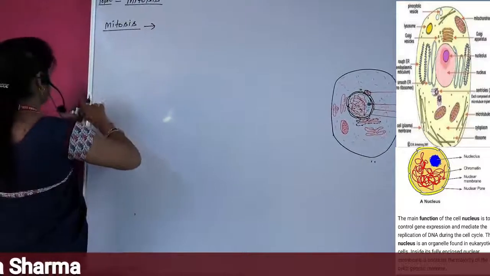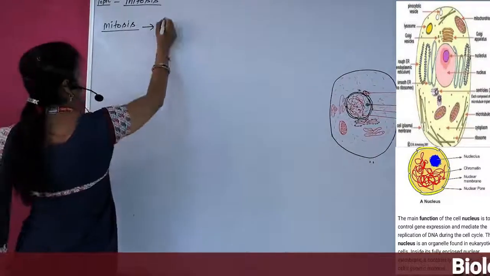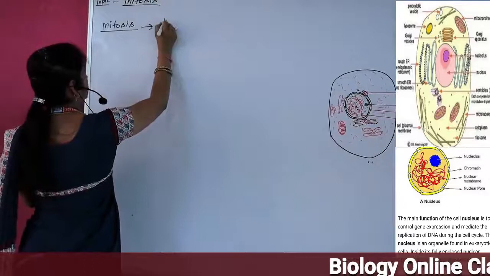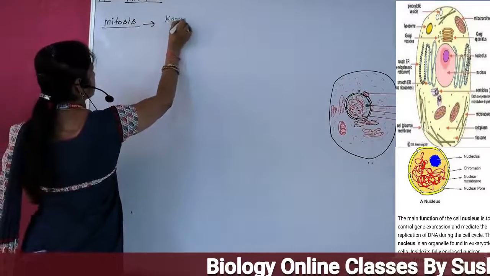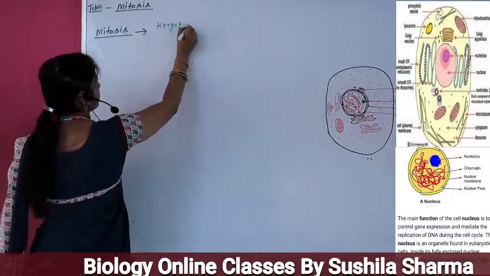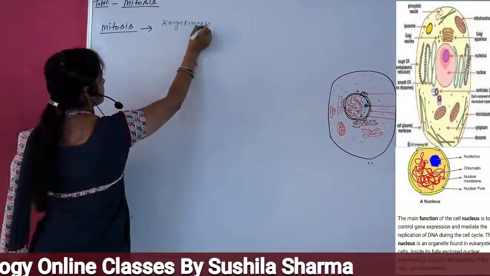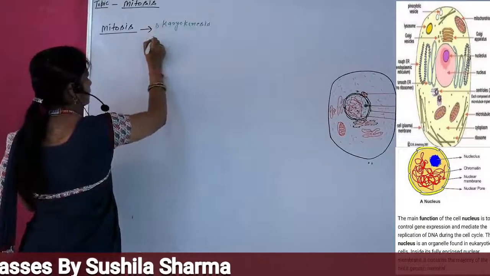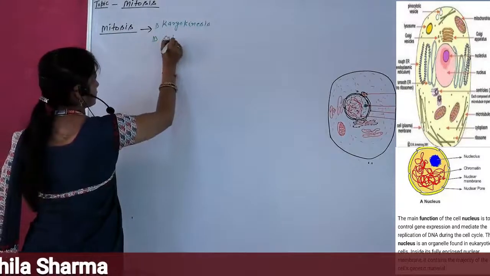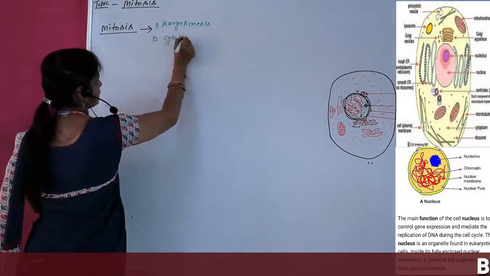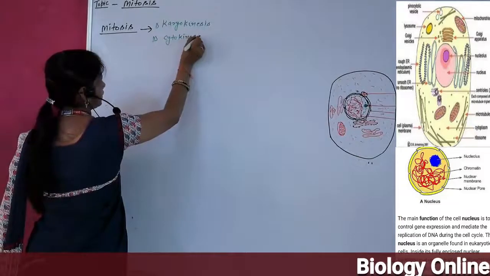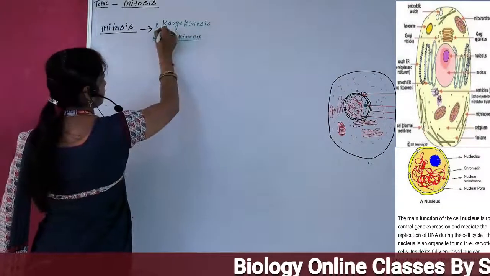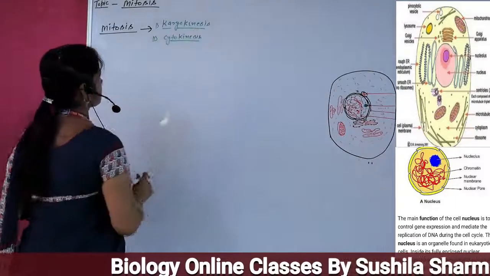Mitosis division completes in two phases: karyokinesis and second, cytokinesis.